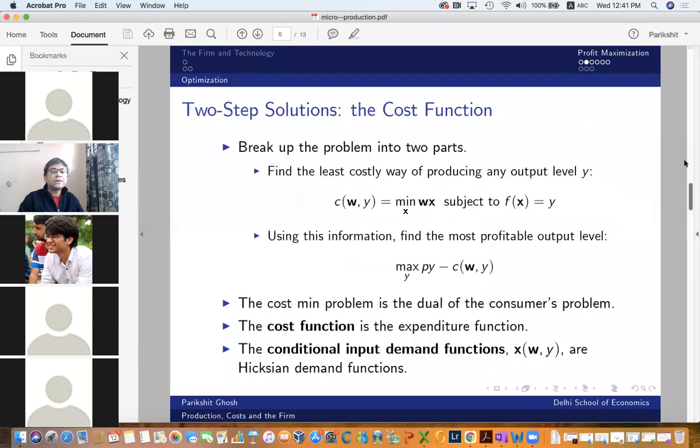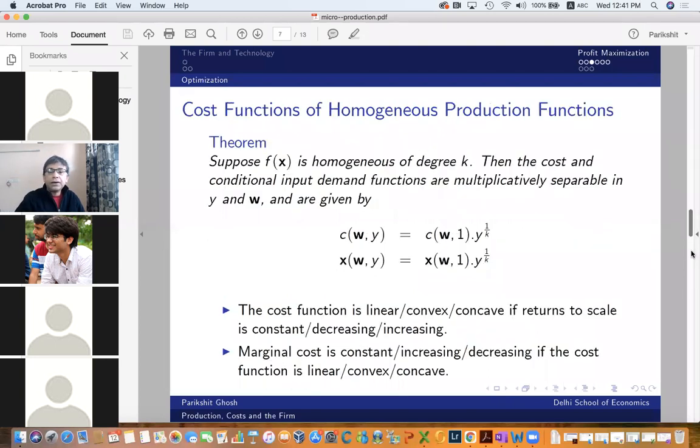Sir, there's a word, multiplicatively separable. What does it mean? It means that, in general, the cost is a function of two things, the input price vector and the output level, and it takes the form where two things are multiplied with each other.